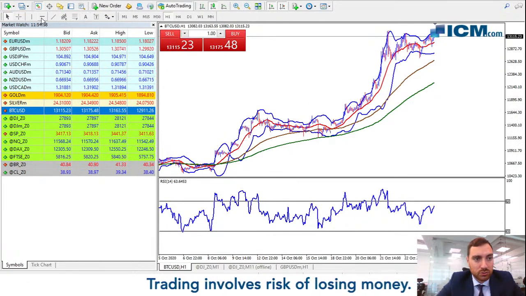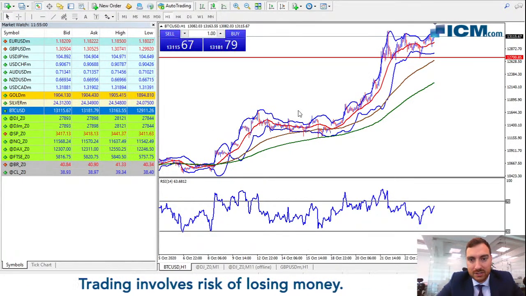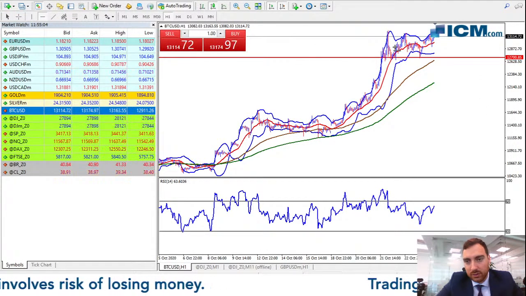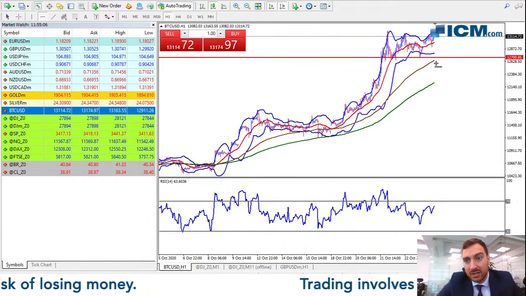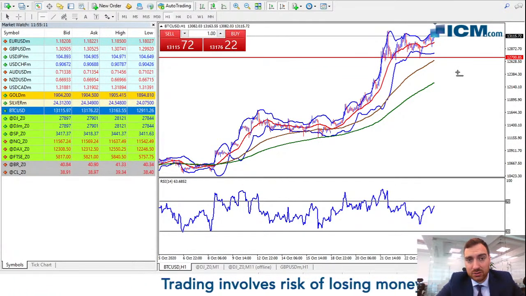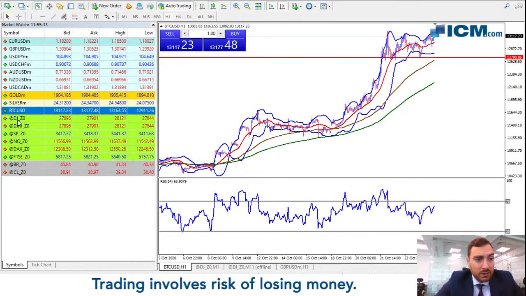Any break back below 12,600 could trigger further downside. Maybe we could erase a big part of the gains and retest towards the 200 hour exponential moving average, which is currently sitting near 12,000.